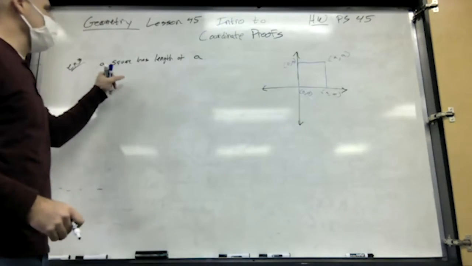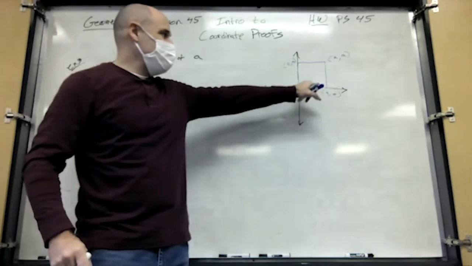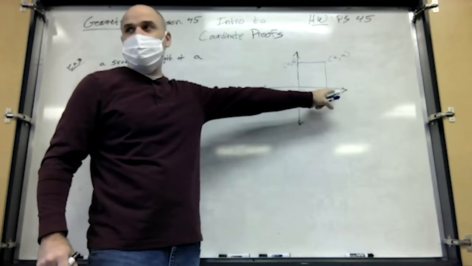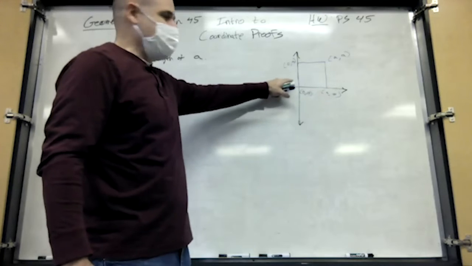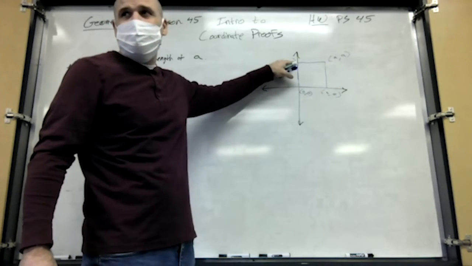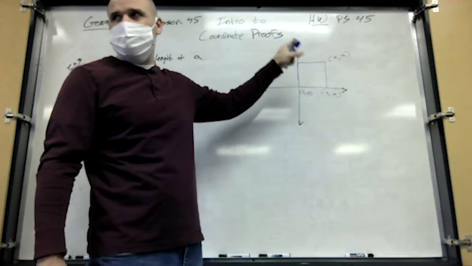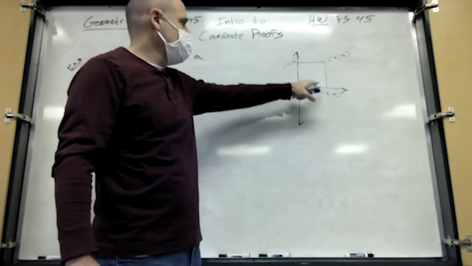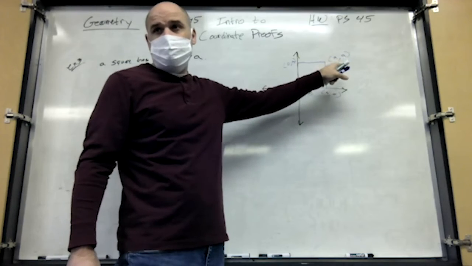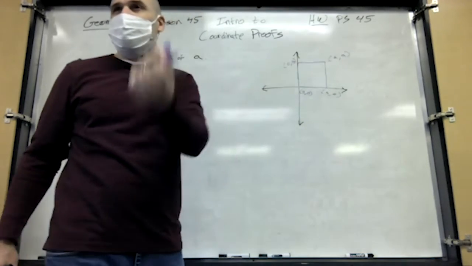So see how this is A long because it goes from 0, 0 to A, 0. And this is A high, so it goes from 0, 0 to 0, A. The second number in the coordinates is the height. And then this guy is over A, up A, right?